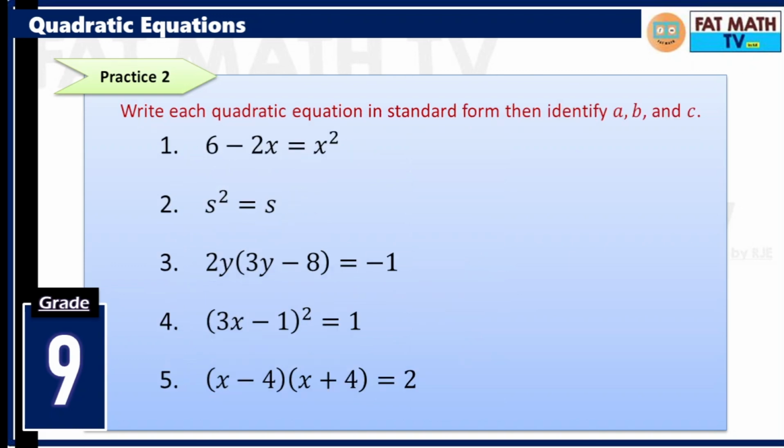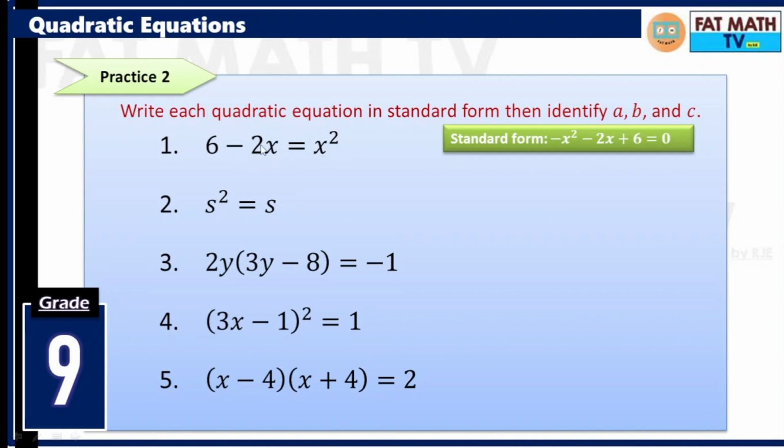Okay, set number 2. Write each quadratic equation in standard form, then identify a, b, and c. So for number 1, we have 6 minus 2x equals x squared. Pause the video. If you're not ready yet, you can try them all, and then play if you're ready to answer. So the standard form is going to be negative x squared minus 2x plus 6.